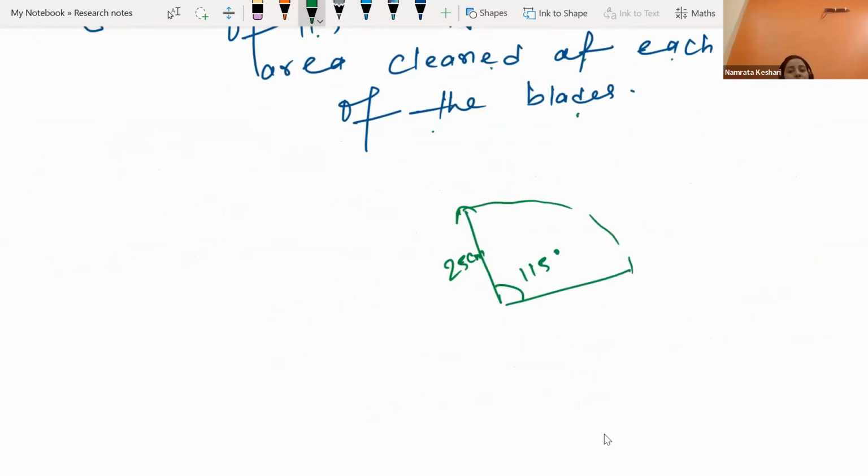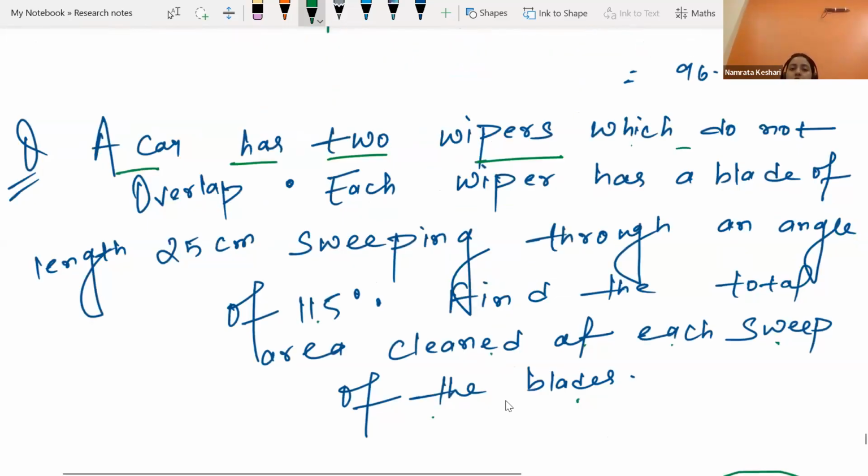Like that, another blade is also there, working exactly like this, also maintaining 115 degree and 25 centimeter long. The areas are different because it says that they do not overlap. So there is no overlapping in the area.